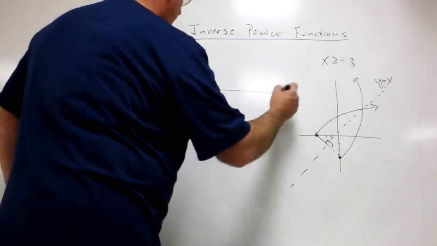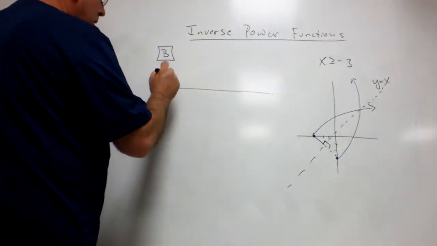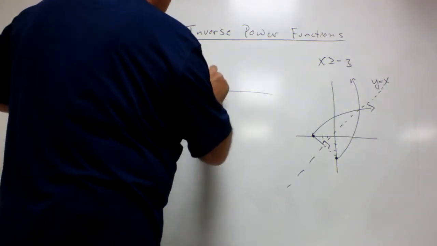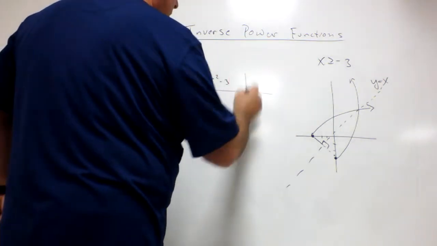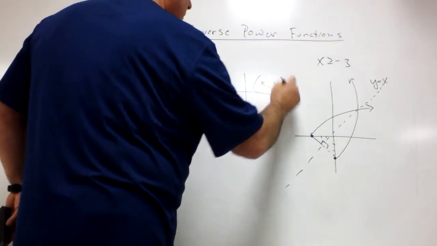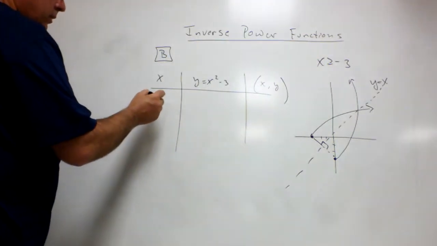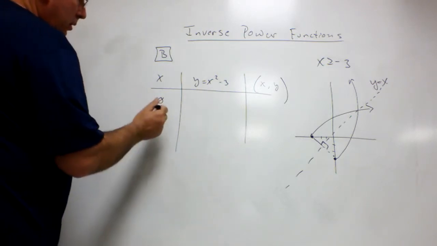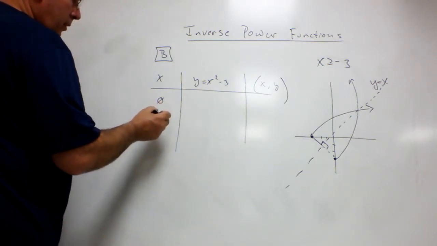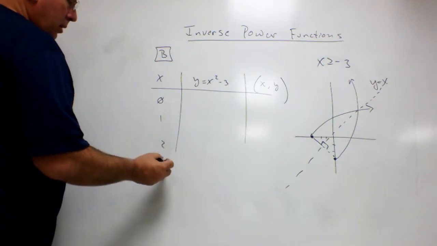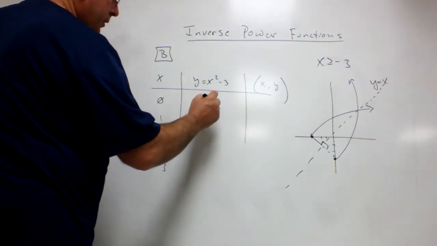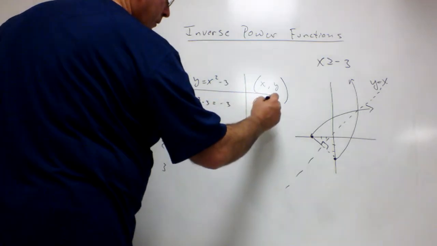And we want to make a table of values. And so we are going to start at 0. And we're going to go up 1, 2, and 3. If we put in 0, squared minus 3 is negative 3.